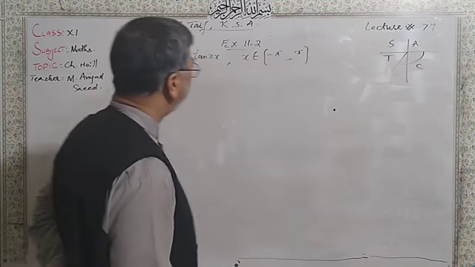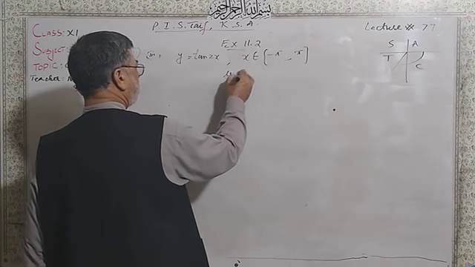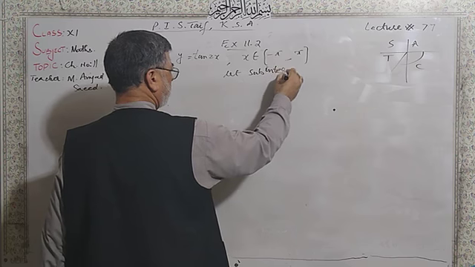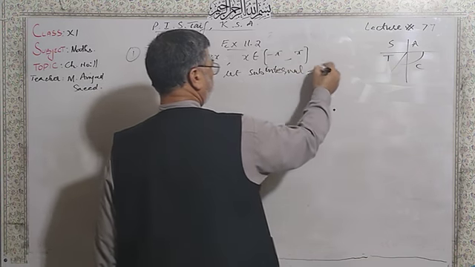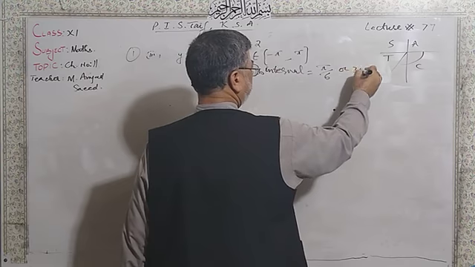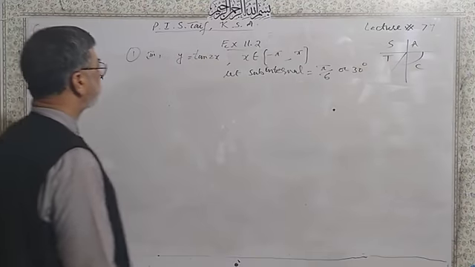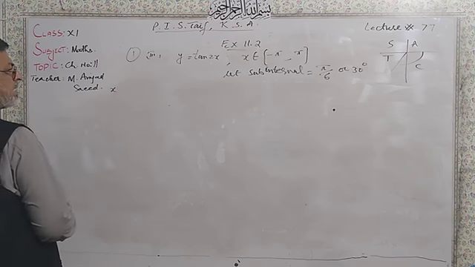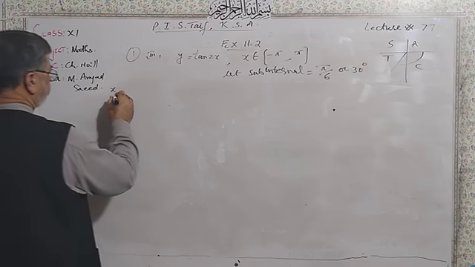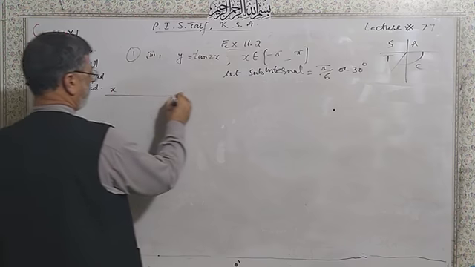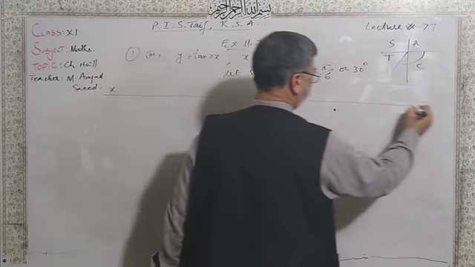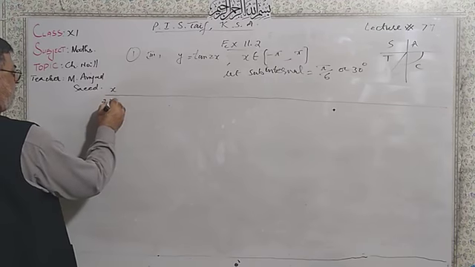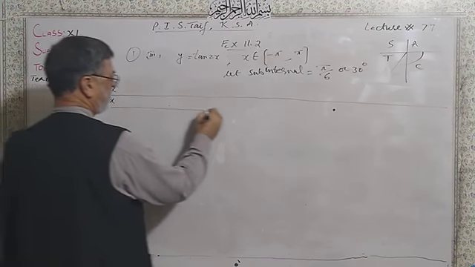Again, you can take the subinterval equal to pi by 6 or 30 degrees. Dear students, you will make the column of x. This is your column of x. After that we have the column of 2x.